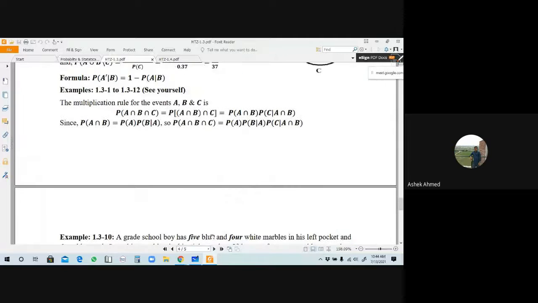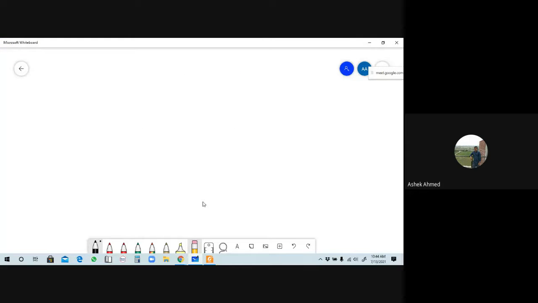In the last class, we discussed conditional probability. The formula for conditional probability is probability of A given B equals probability of A intersection B divided by probability of B. Okay, whatever is given, its probability goes in the denominator.